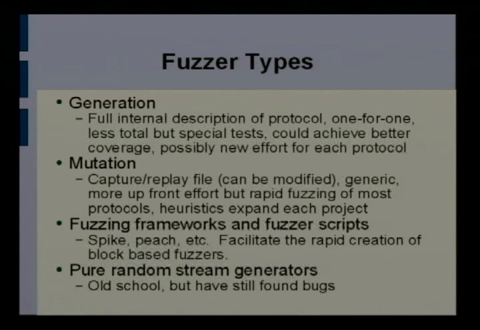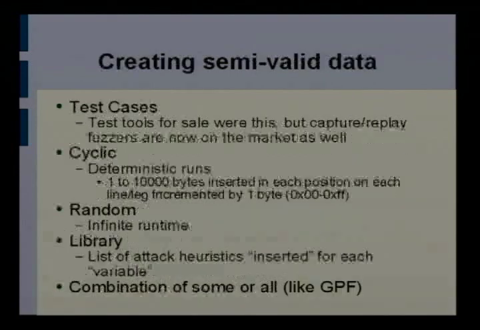There are fuzzing frameworks, and there's old school, straight up random generators. There are a lot of different kinds. So of the categories, how do they create this semi-valid, or some people call it semi-invalid, data? It's the same thing. It basically means most of the stuff in the protocol is right. That's key, that the rate of faults be relatively low, because if all your stuff is totally random, you'll never make it past leg 1 of the protocol.